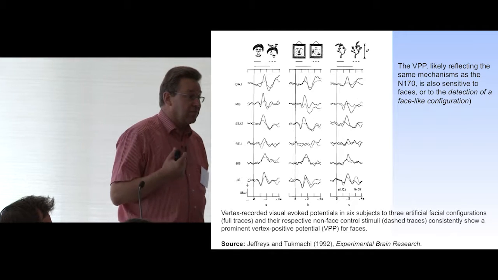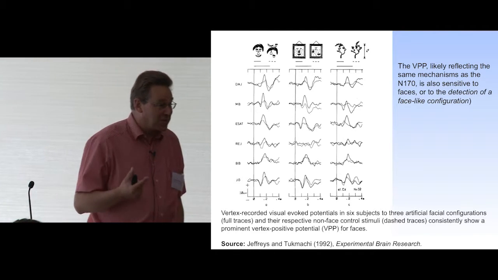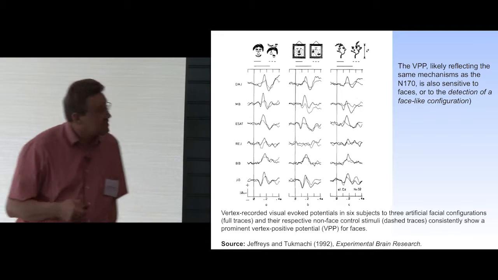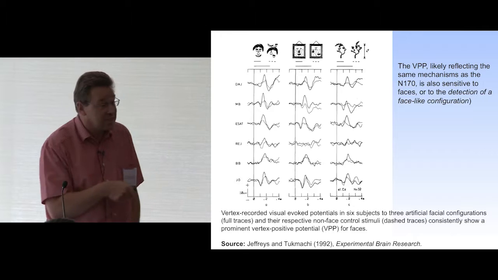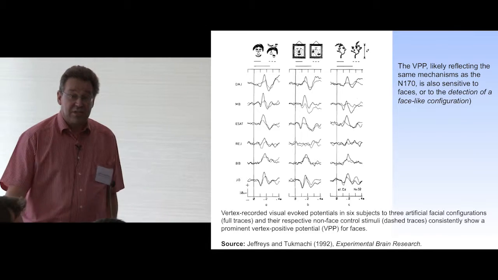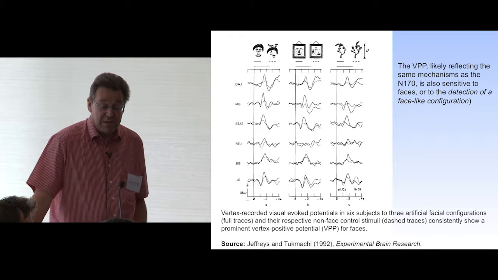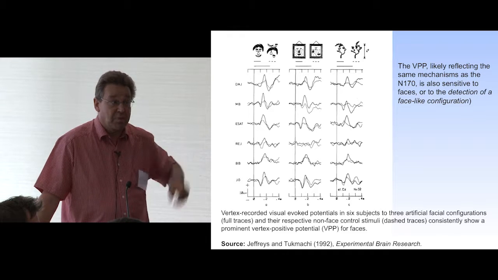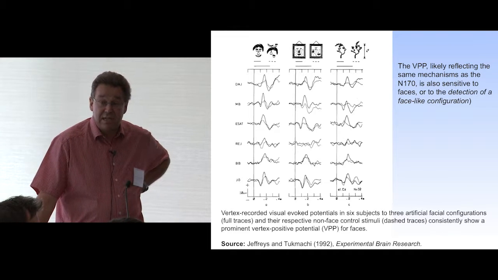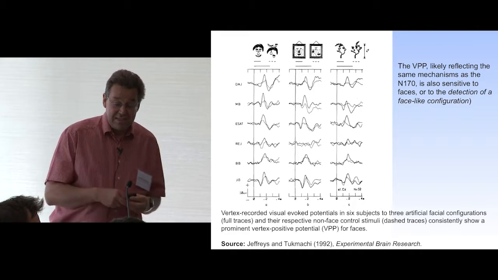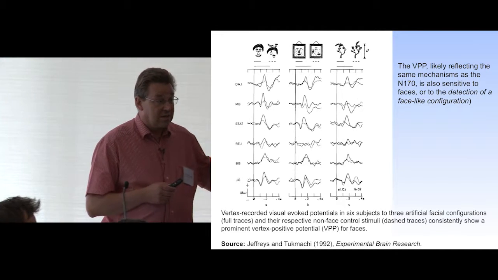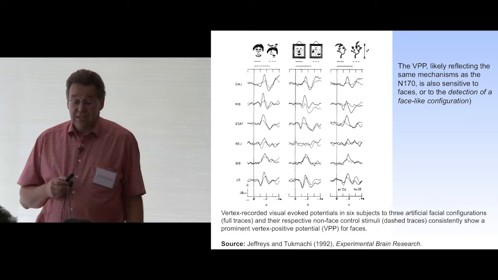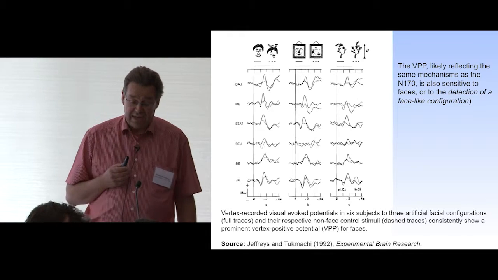He just had a different and smaller set of electrodes and a different reference. But this positivity here at 170 milliseconds is essentially functionally equivalent to the N170. And that response at 170 milliseconds is sensitive to completely artificial facial configurations as long as they are arranged such that they are perceived as face-like.